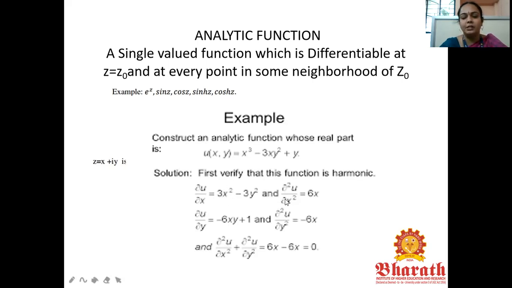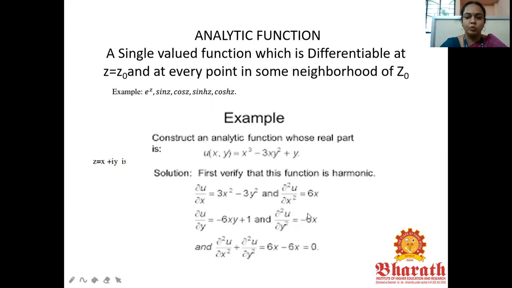Second time differentiating with respect to x, dou square u by dou x square equal to 6x. Similarly, differentiate u with respect to y, it becomes minus 6xy plus 1. Again differentiate with respect to y.